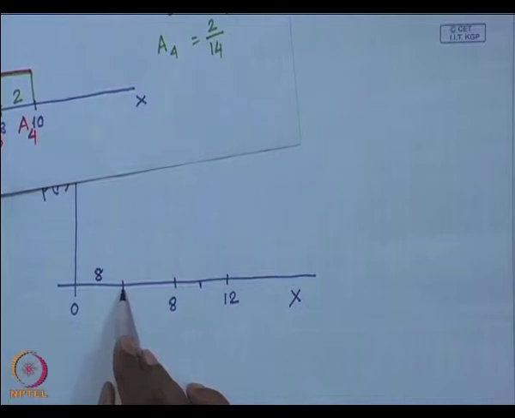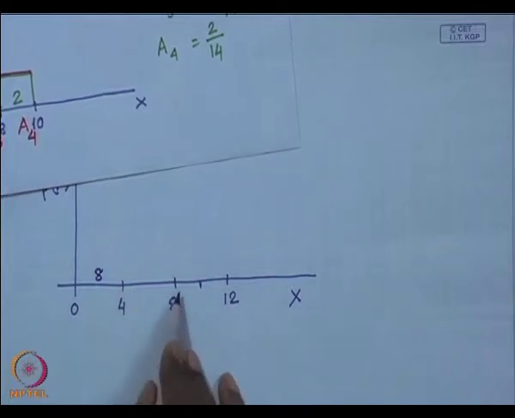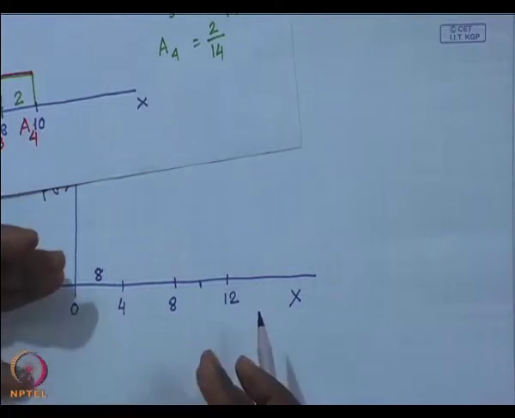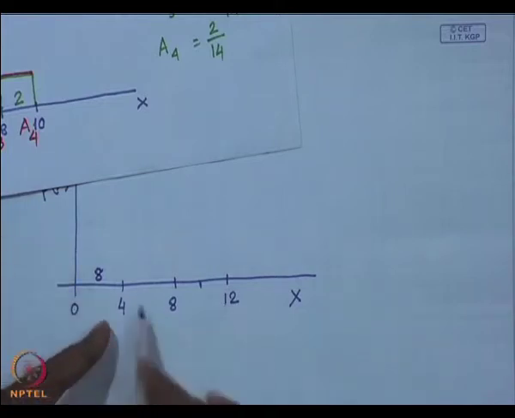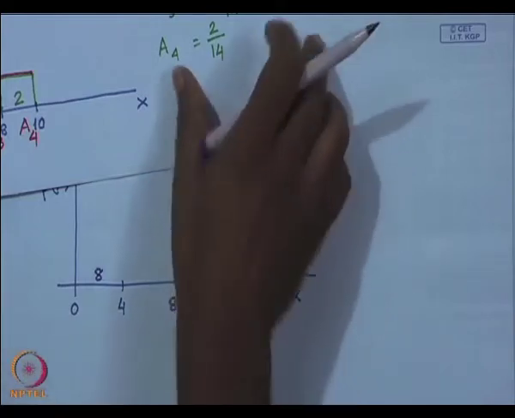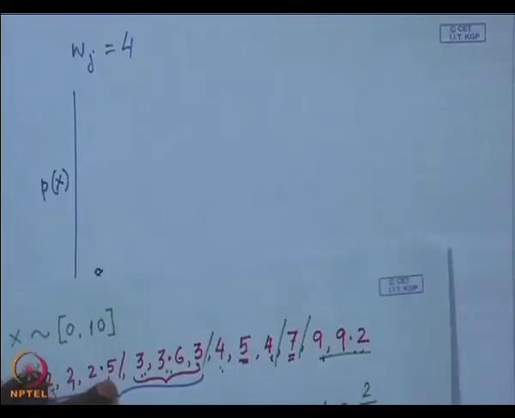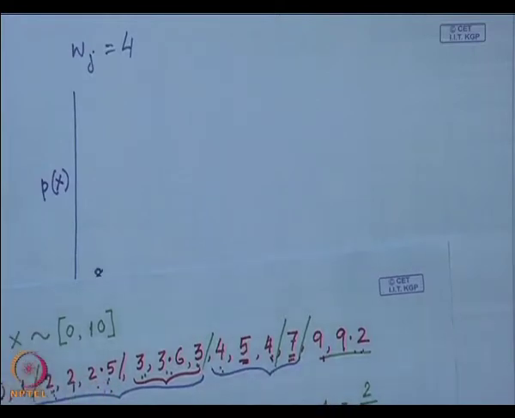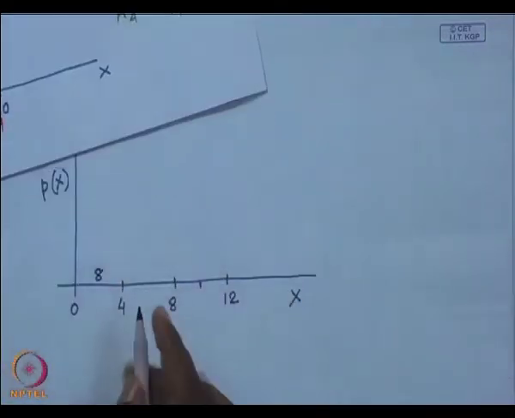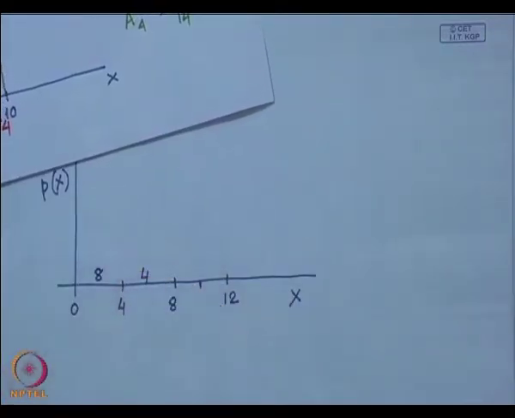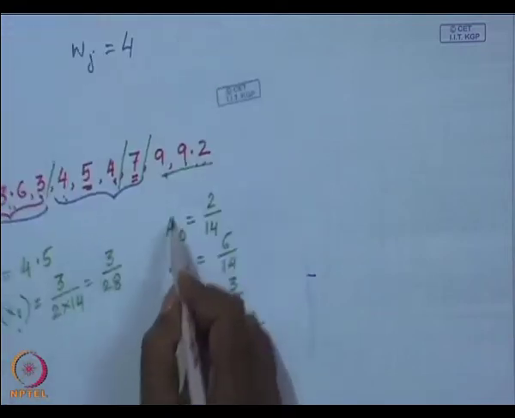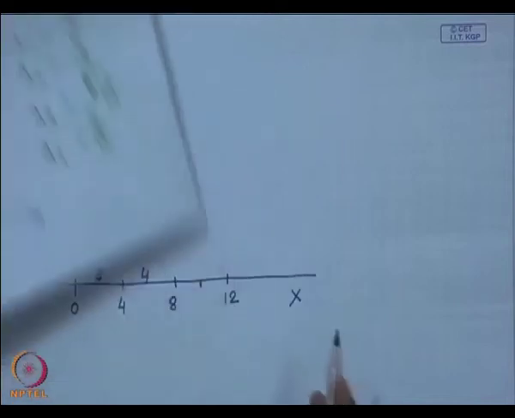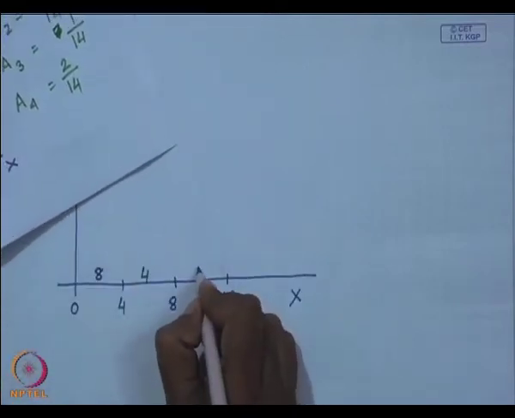Next, from 4 to 8. All the samples having values greater than or equal to 4, but less than 8, they will fall within this bin. So, here you find that I have these samples 4, 5, 4 and 7. So, 4 samples are falling within this bin, and the remaining 2, that is 9 and 9.2, are falling within the last bin.